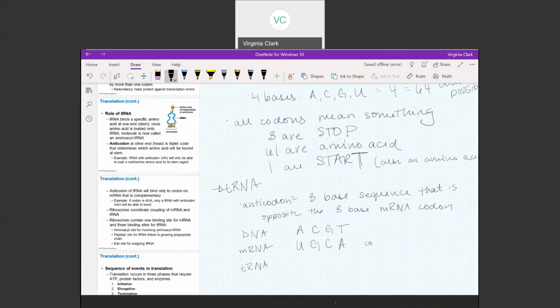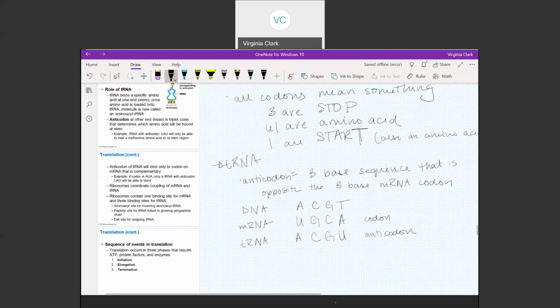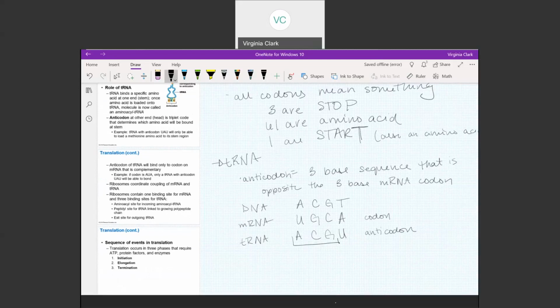So this is my codon. This will be my anticodon. My anticodon is going to be the opposite of this. So U will go to A, G will go to C, C will go to G, and A will go to U. This tRNA, this anticodon, will actually connect to an amino acid. This amino acid will identify these 3 codons right here.